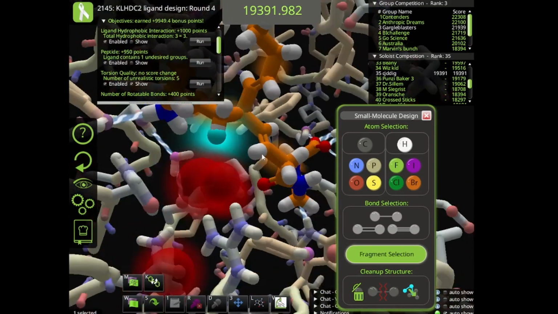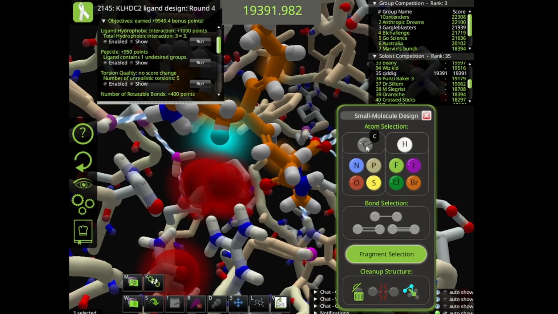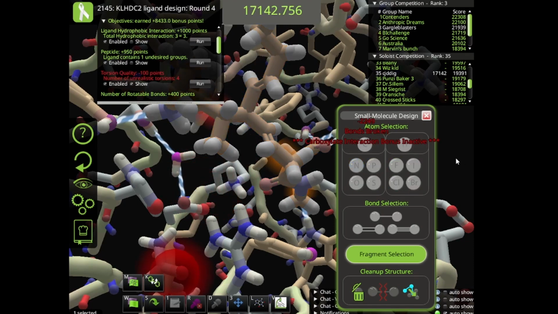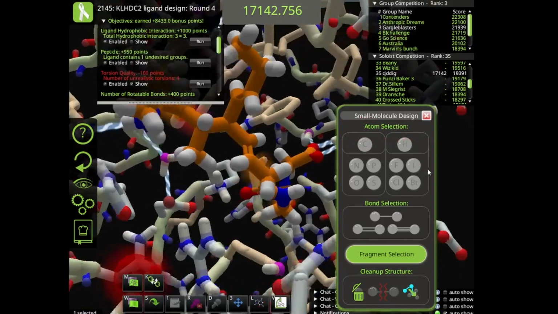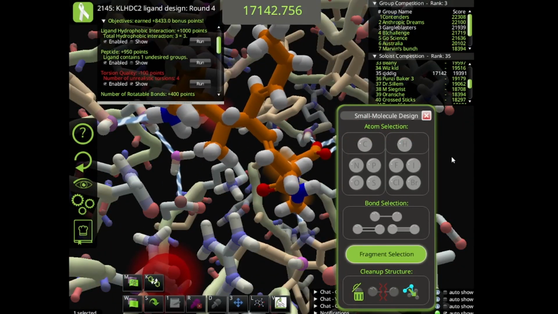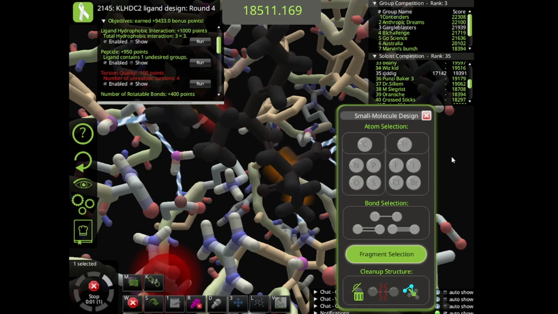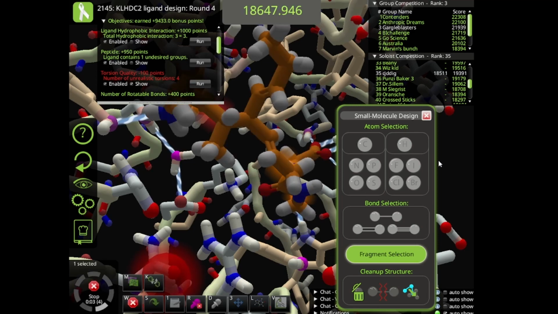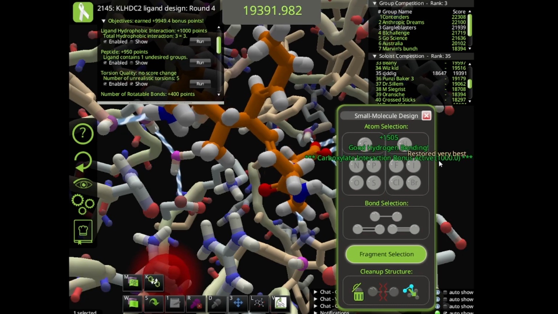Here is a void, so I'll fill the void with carbon atoms. Maybe I will abandon torsion quality. Anyway. Oh, it didn't work.